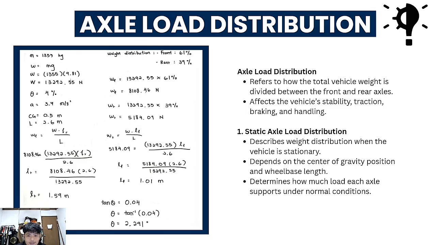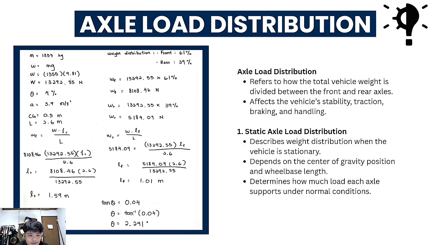So for our first question, from the vehicle data, we get that the mass of the car is 1,355 kilogram. Then the weight is 13292.55 Newton, and the angle is 4%, and the acceleration is 3.7 meter per second squared.